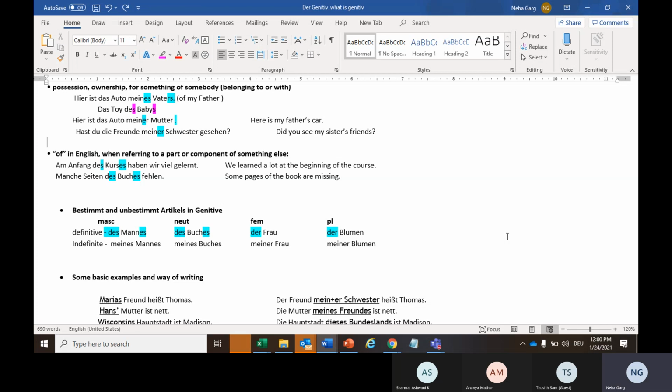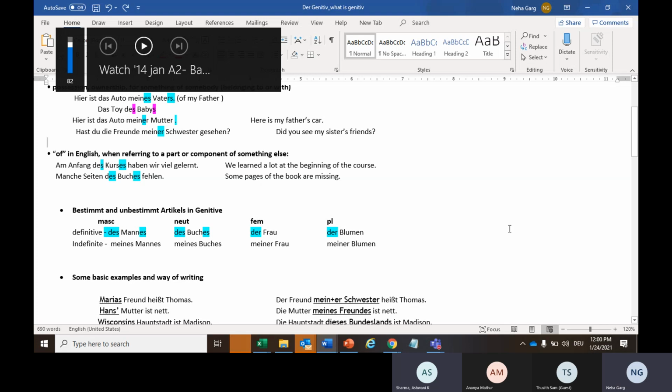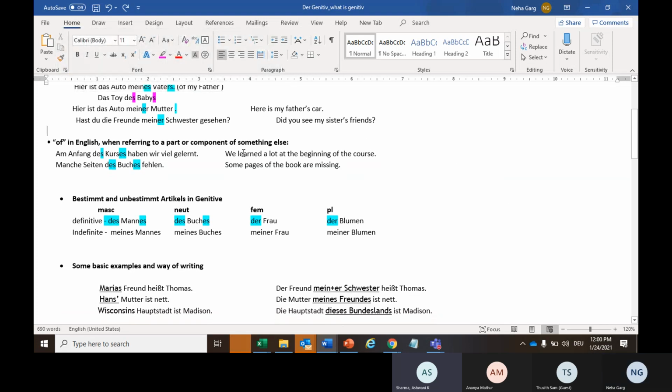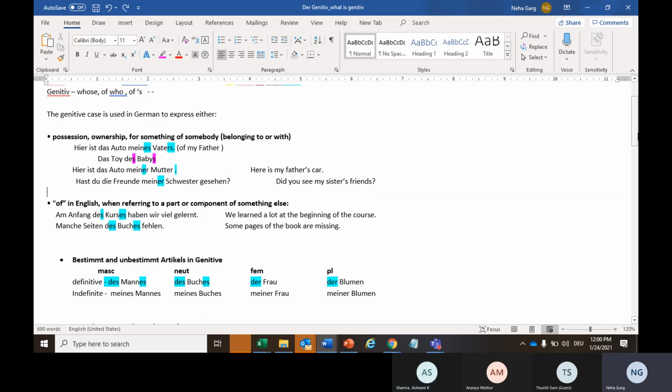Can you once explain this part, "when referring to the part or component of something," in English? And can you please explain this part again? So this is nothing but just additional information, Ashwini. Anything which is possession, ownership or belonging of something, or when we use "of" in English, like the beginning of the course or some pages of the books.